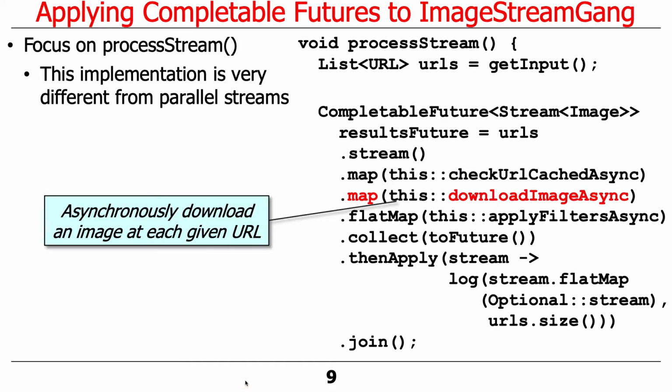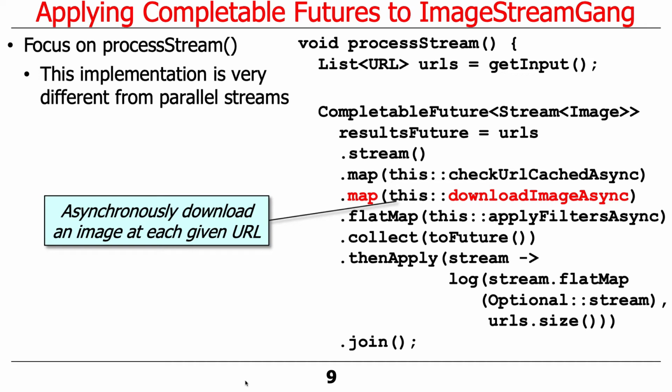What we then do is take that stream of completable futures to optional URLs, and we map it again, except this time we map it to another behavior called download image async. And what download image async does is it will take the completable future that it's been passed, and when that future is triggered, in other words, once we've figured out whether something is cached or not, we will end up with an optional URL.